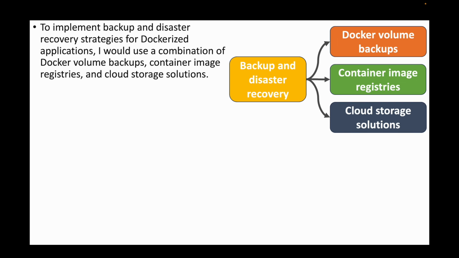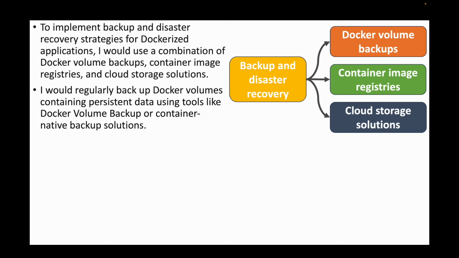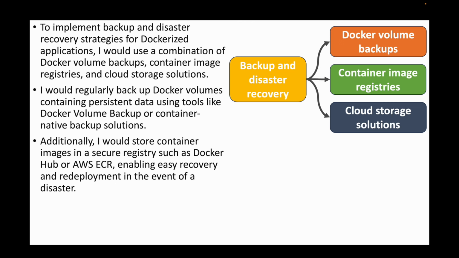Okay, we can make use of any of these options to do a backup of your data for your disaster recovery purpose. And we can also regularly back up these Docker volumes, persistent data using tools like Docker volume backup or container native backup solutions.